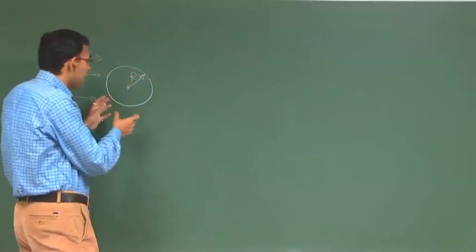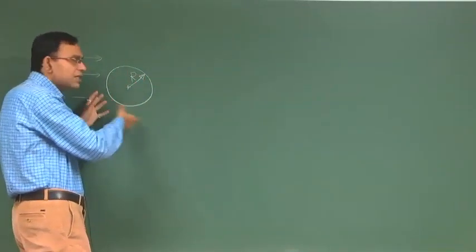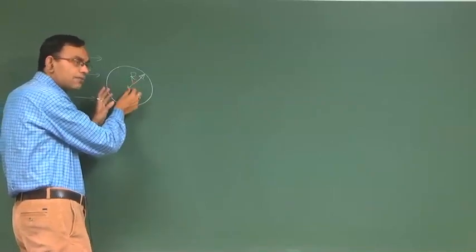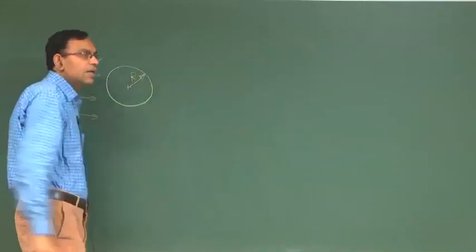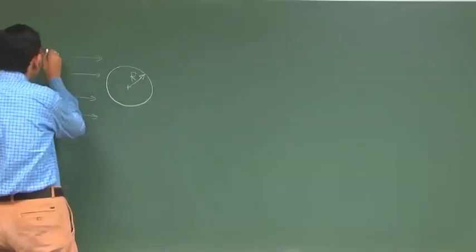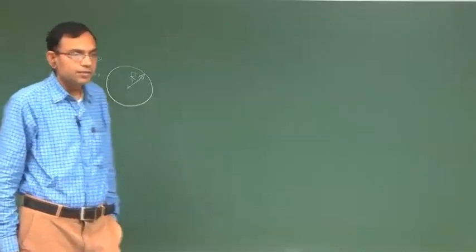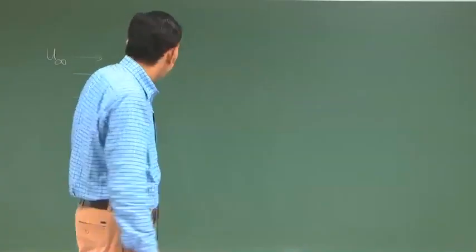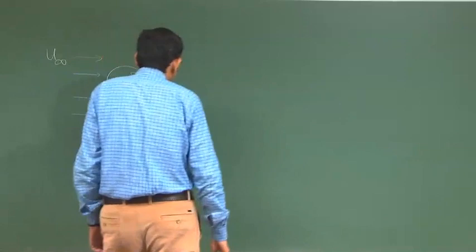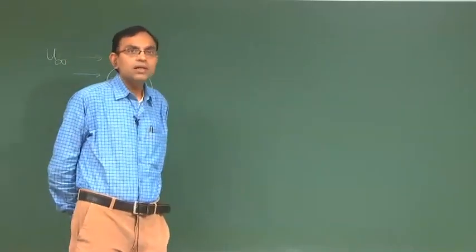In reality the fluid may be stationary and the sphere moving. Here we have kept the sphere stationary and we are making the fluid move. The velocity with which the fluid is coming from far upstream is u infinity. So we will start with the Navier-Stokes equation in vector form.